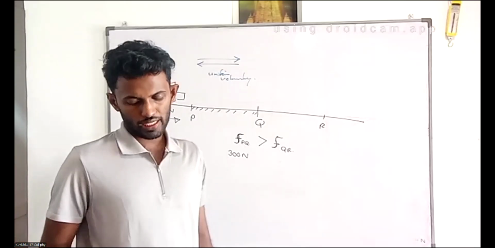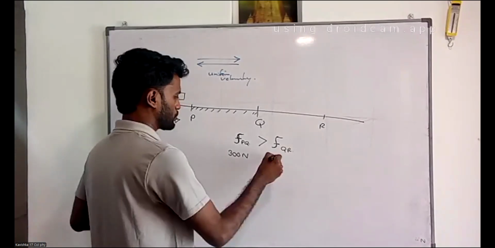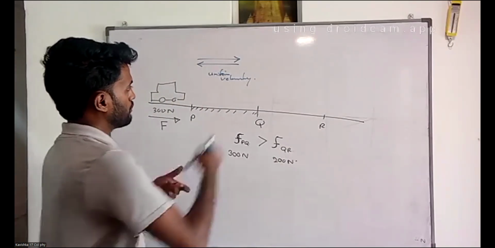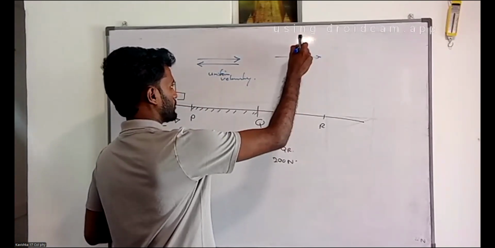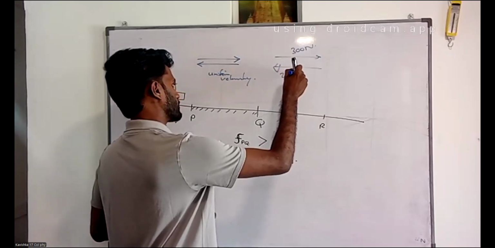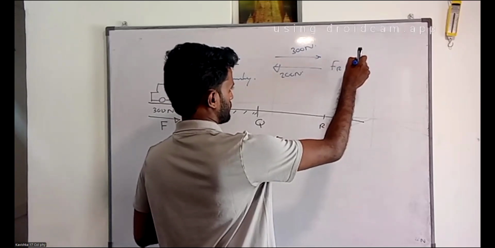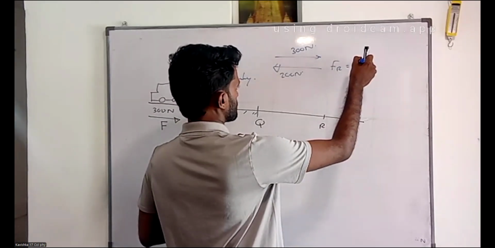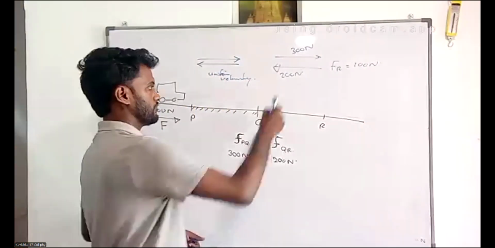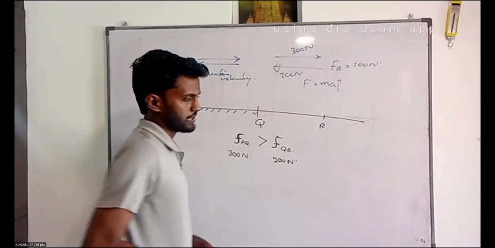Then what happens in the QR area? There the friction is lower. Suppose the friction there is 200 newtons. Then in the forward direction there is 300 newtons, since the engine force is 300, and backward there is 200 newtons. That means there is an unbalanced force of 100 newtons. Since there is an unbalanced force, we can apply Newton's second law, which means the object is accelerating.